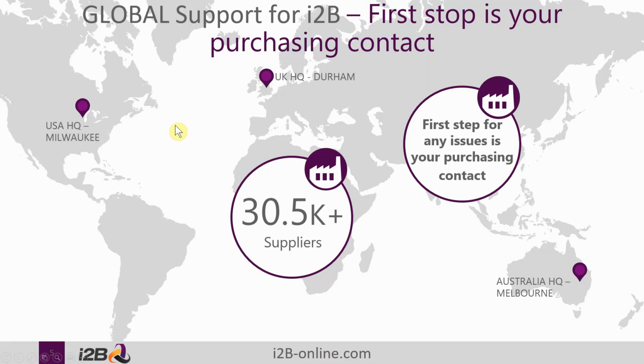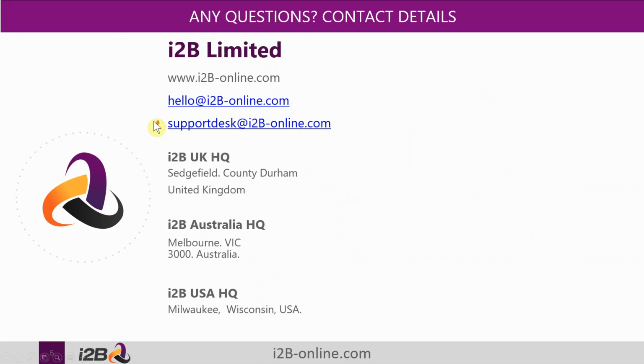And we will help you if you have any problems, but really the first contact should be your purchasing contact, your purchasing representative. But if there's any critical support, any technical support that you may have, please get in touch with us.